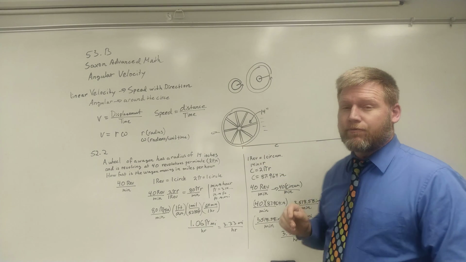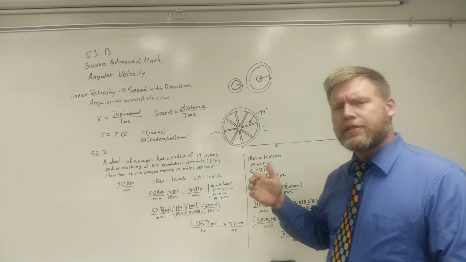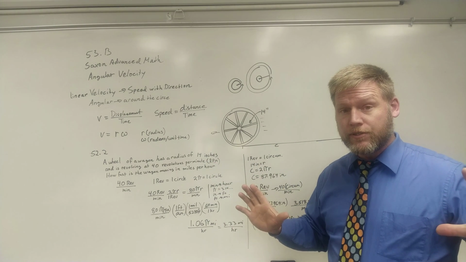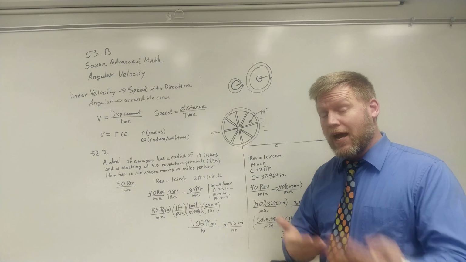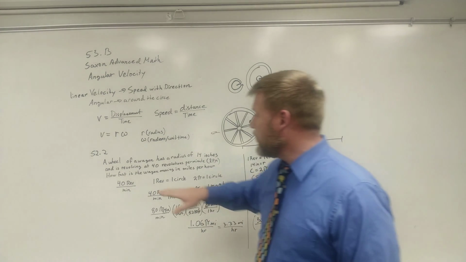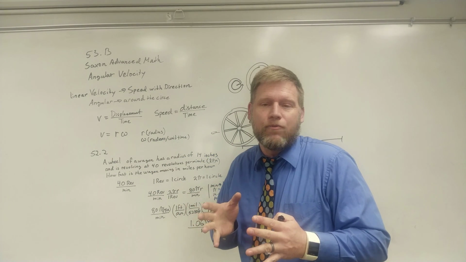Well, what is circumference? Circumference is 2 pi times my radius, right? So I say 2 pi r is the circumference, and then I divide that by the unit of time that I'm going, and I will end up with this same idea of r omega. It's just hidden inside of the formula.